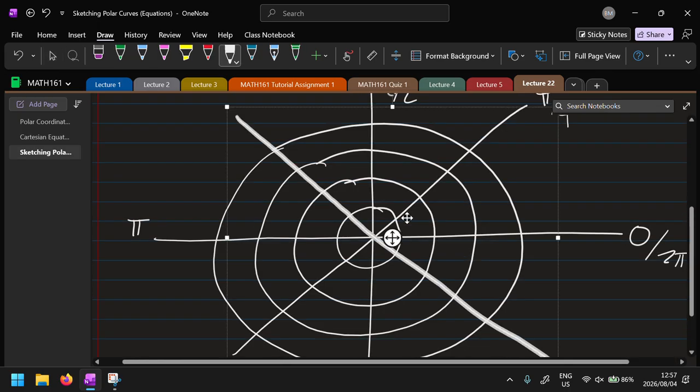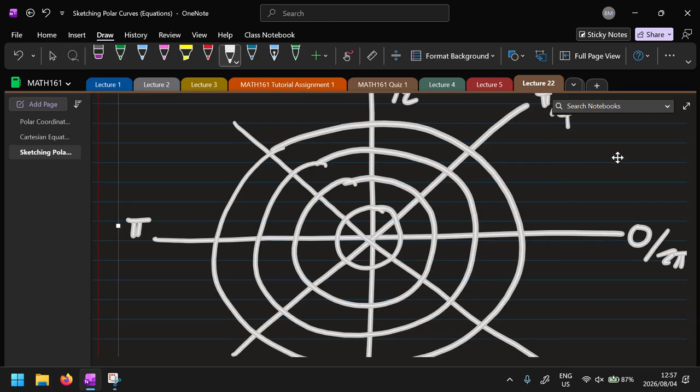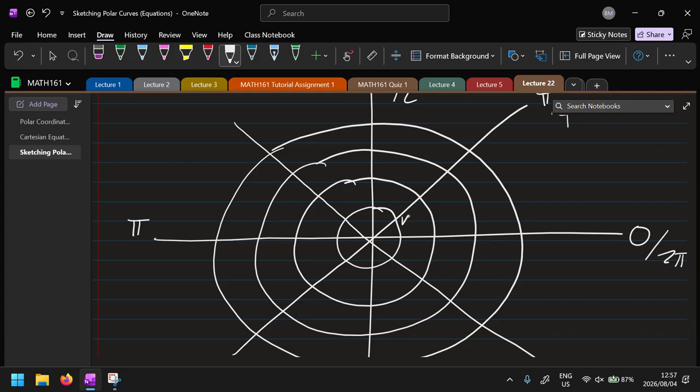So we can put that in here: radius 1, radius 2, radius 3, radius 4, and so on. Those radial circles, they go outwards like that.